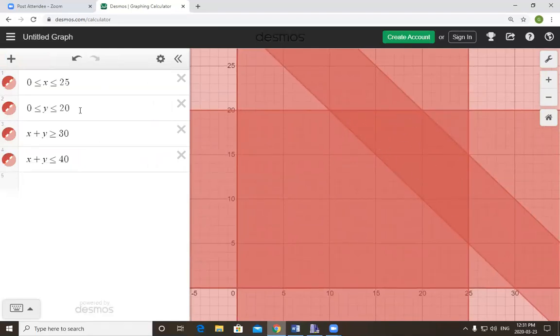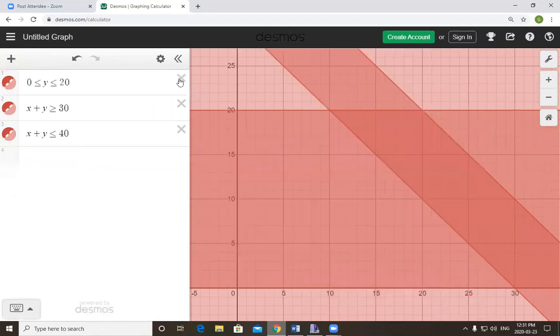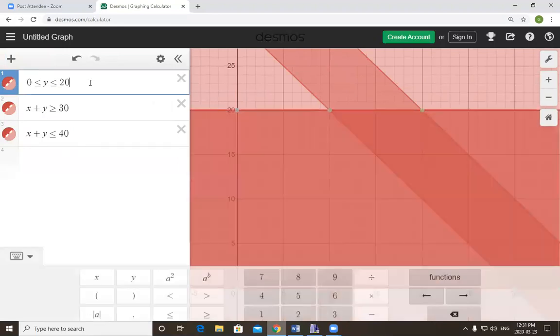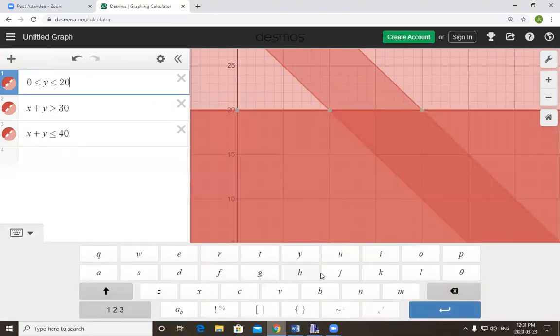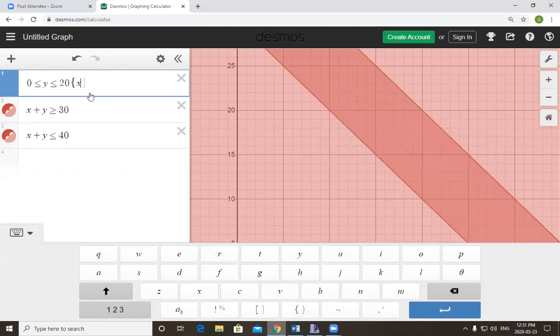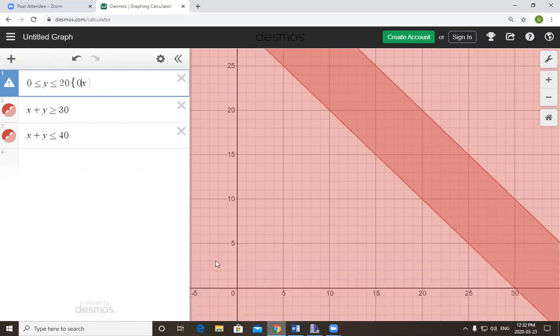Now again, another thing we could do is get rid of that, and we could put in our restriction with our set notation.